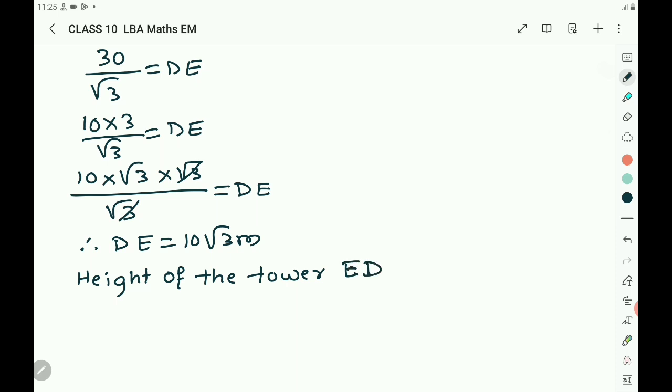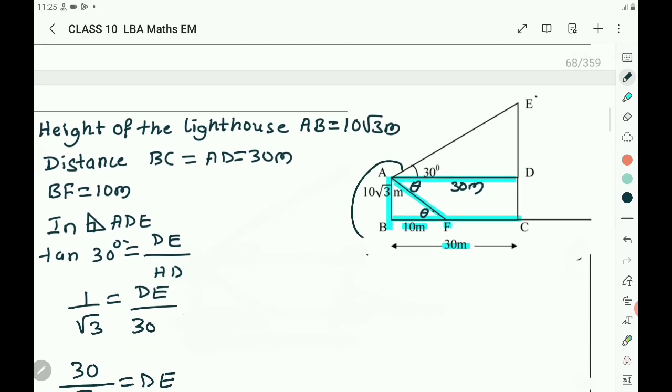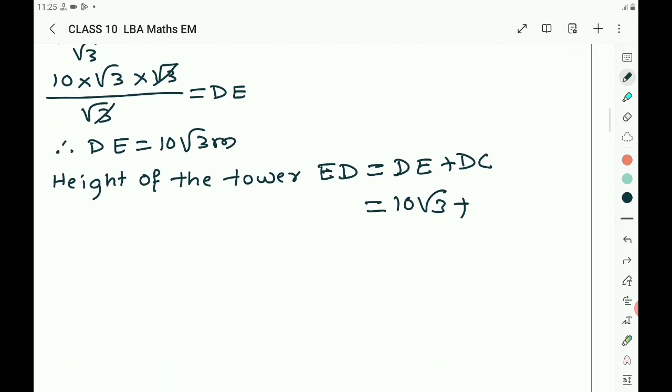DE is 10 root 3 plus DC is equal to what? AB, that is also 10 root 3. So 10 plus 10, 20, 20 root 3 meter. That is the height of the tower.